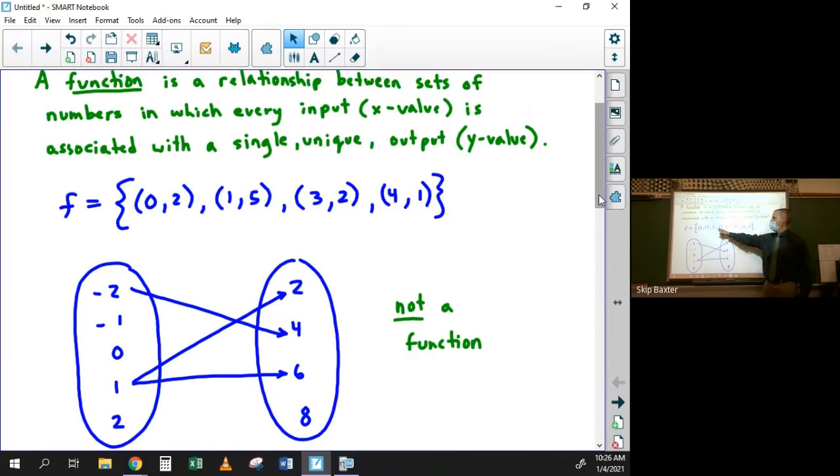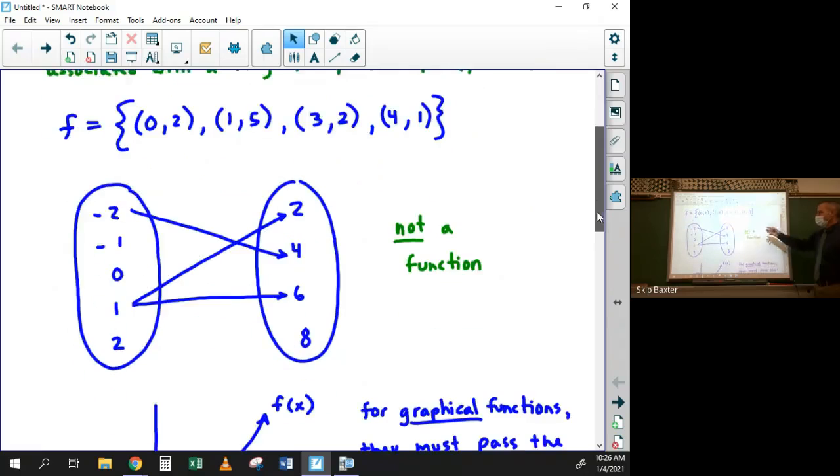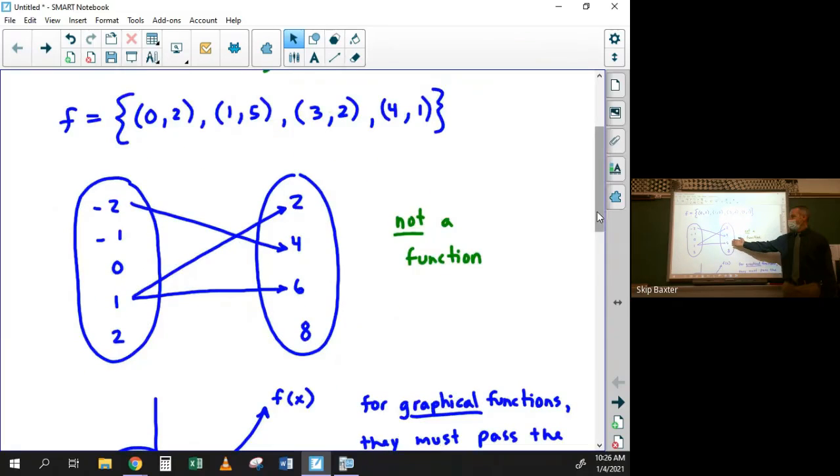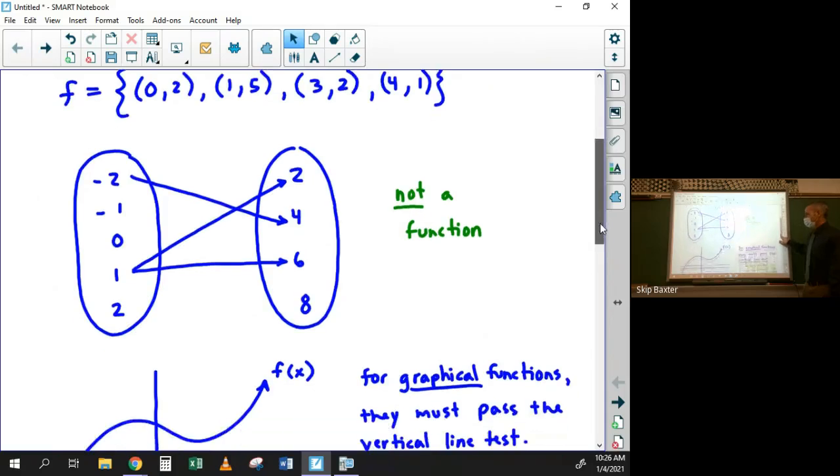You would just find the point that has the x coordinate of 1, and f of 1 would be the y value at that point. Same thing goes for this. If I said, what is f of negative 2, the answer is 4, because negative 2, 4 is a point on this relation.